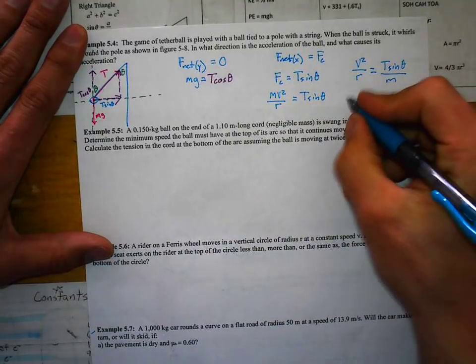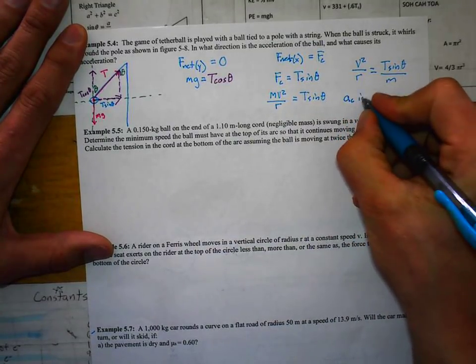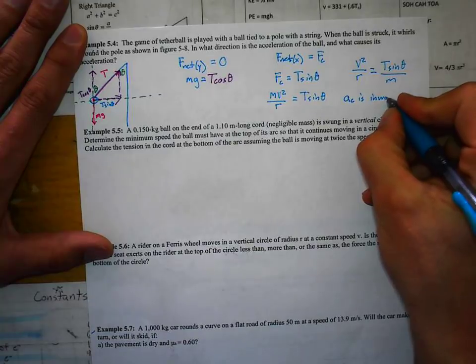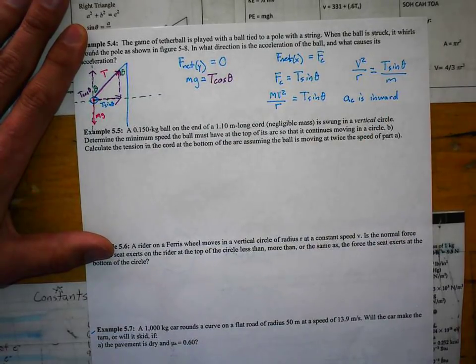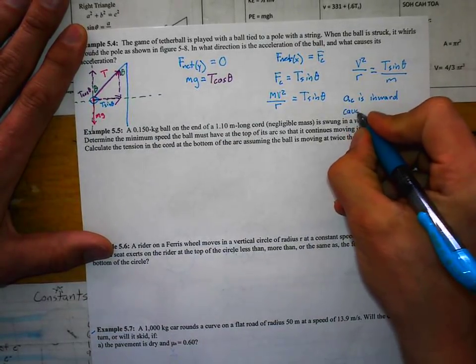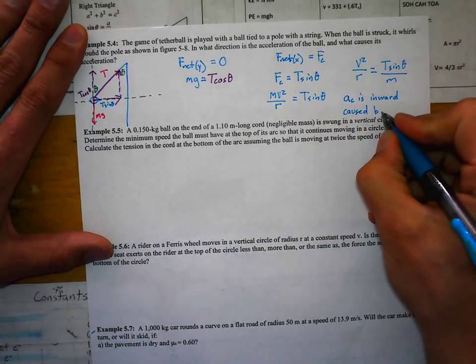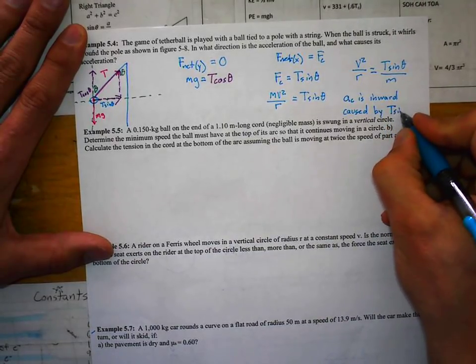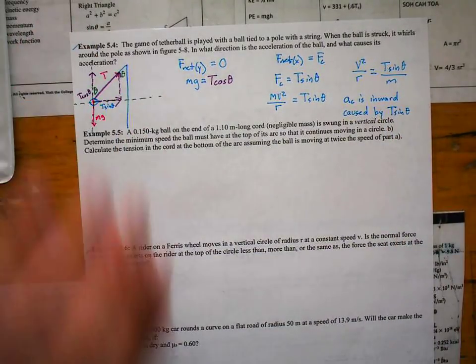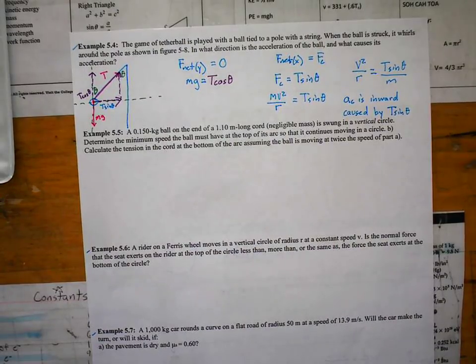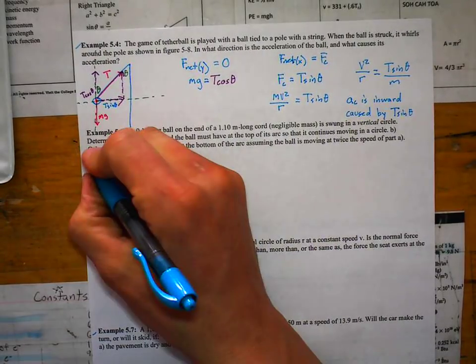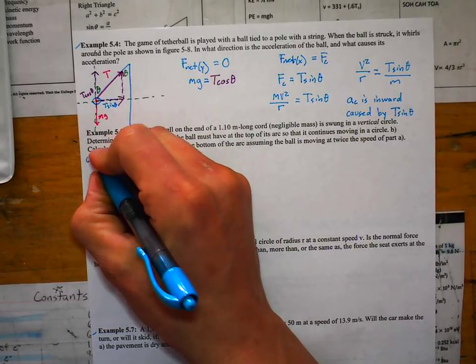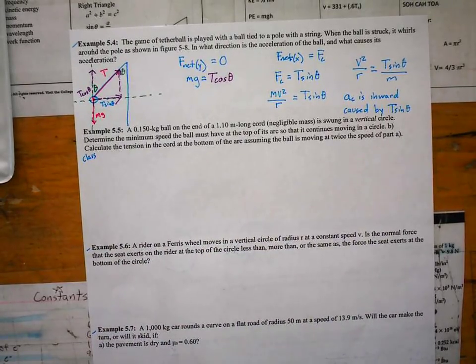So I can say AC is inward and caused by T sine theta. Alright, it's going to be caused by the component of that force. Okay, this we did in class. Or it'll be in the other video if you were absent or something like that. So we're going to skip down to this one.